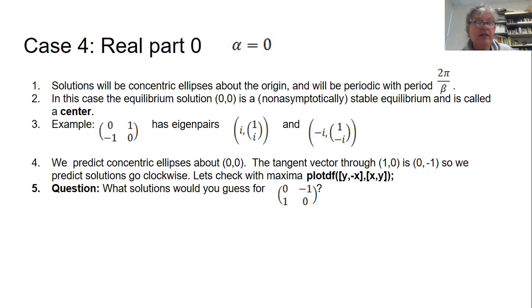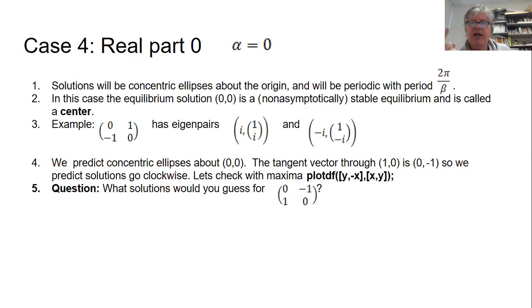So here's a classic example, 0, 1, minus 1, 0, which has those eigenpairs plus or minus i. And in fact, in this one, the solution curves are going to be circles. So we predict concentric ellipses about the origin. Now, is it going to go clockwise or counterclockwise?